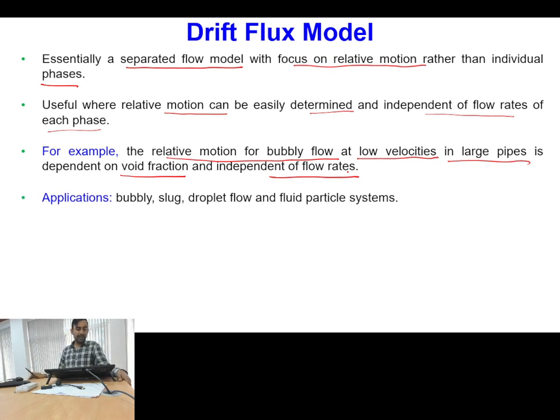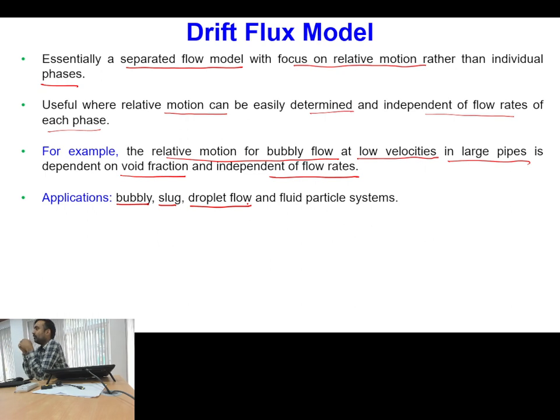Typical applications of drift flux are in bubbly flow, slug flow and droplet flow. In all these cases, whatever input you give for air at the inlet, it does not depend on that.